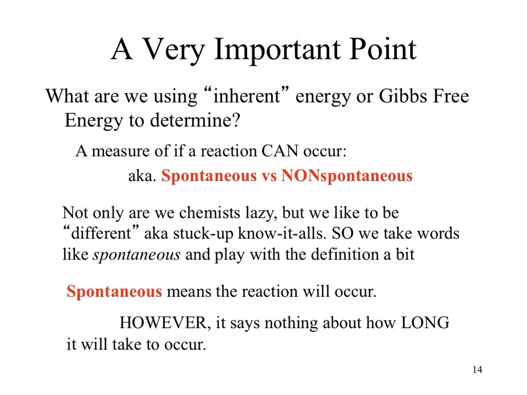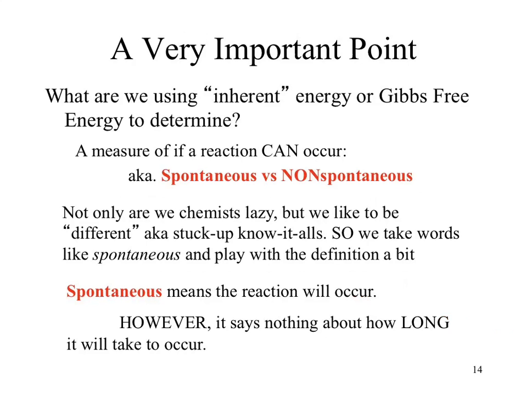Okay, when we're looking at our inherent energy or Gibbs free energy, we're trying to determine whether the reaction can occur. And this is where we come up with the terms spontaneous and non-spontaneous. If we look at a dictionary and we think about spontaneous, we think instant. If someone spontaneously combusts, the example we've been thinking about, that usually shows up in the tabloids.